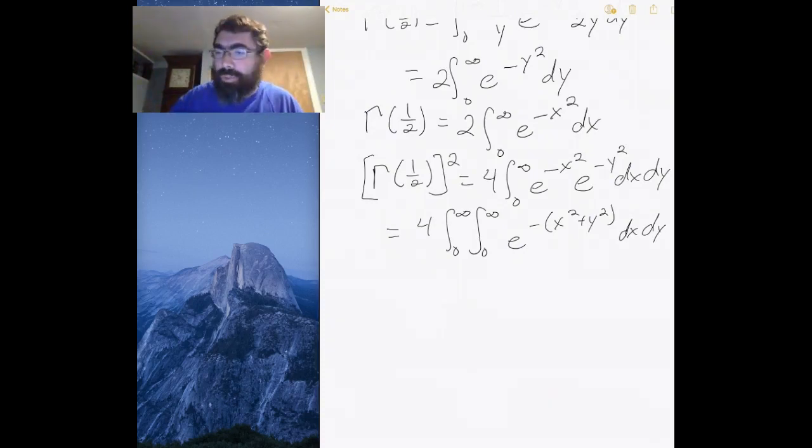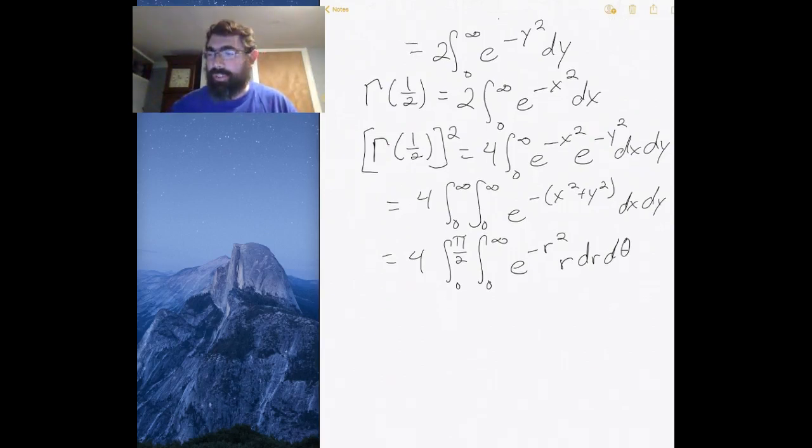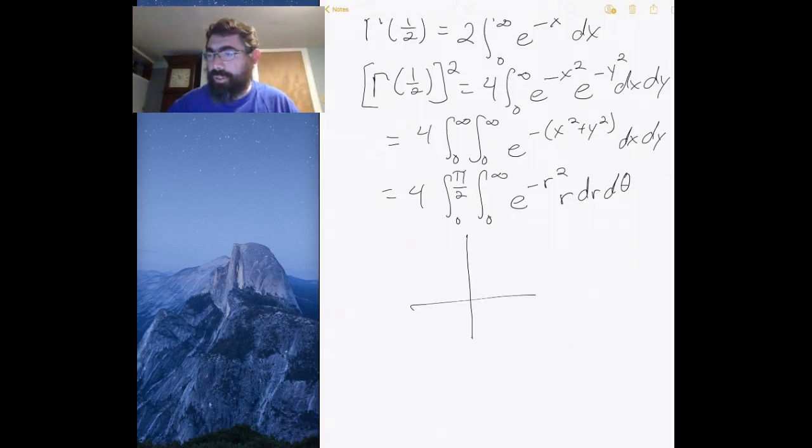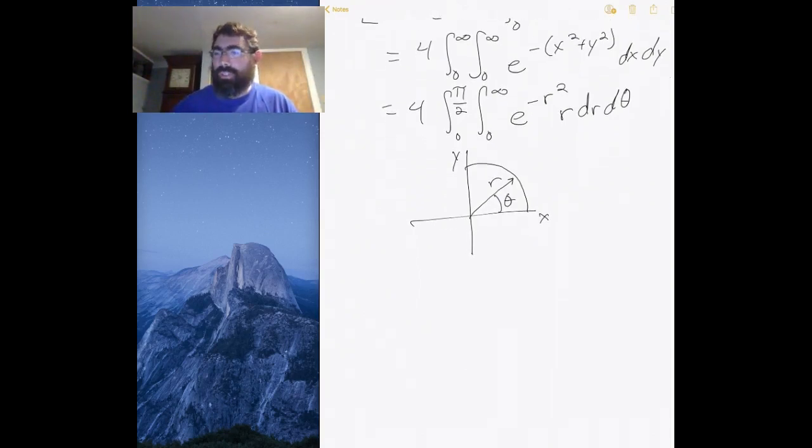So if we change over into polar coordinates, we get 4, 0 to pi over 2, 0 to infinity, e to the minus r squared, r dr d theta. What we're doing essentially is integrating over a circle in the first quadrant, where this is r and this is theta. That looks a little bit more doable.